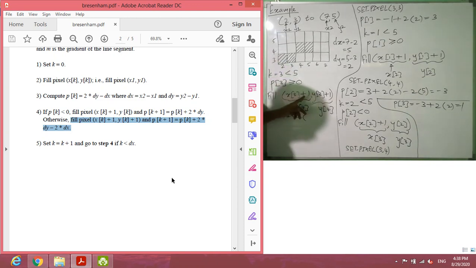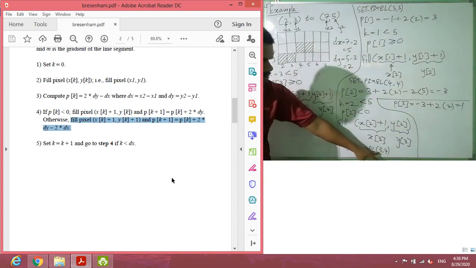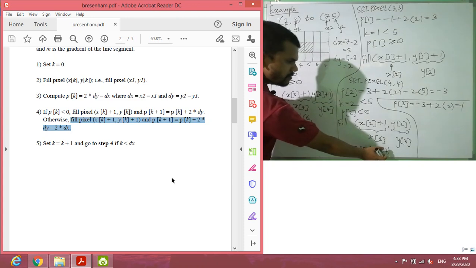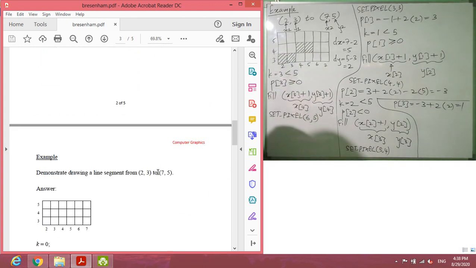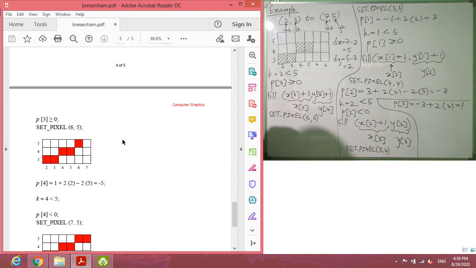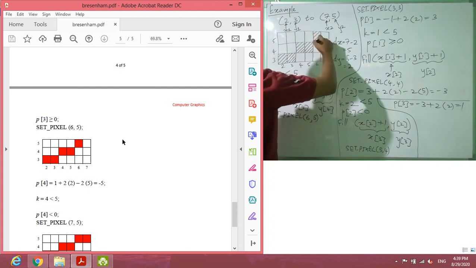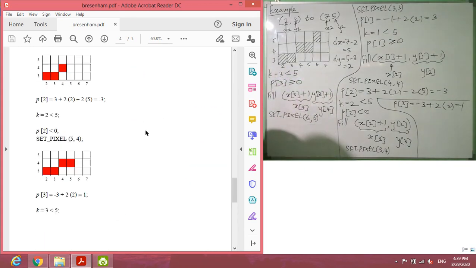X coordinate we have to increment. Earlier our x3 value is 5. So we add the 1, it will be 6. Earlier y3 value is this one. We add the 1, it will become 5. So let's see. 6 comma 5, we fill this pixel.